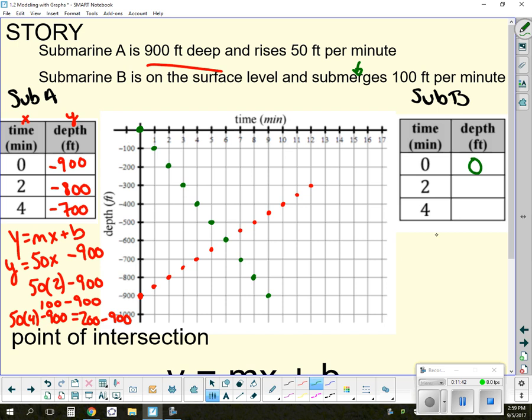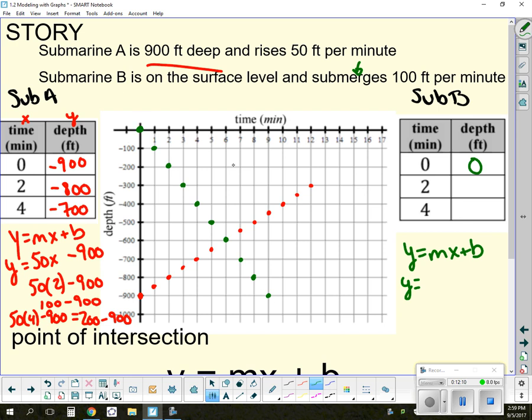Okay, sub B, if we're working in y equals mx plus b, we want to find two things. We want to find our initial starting point, which is our y-intercept, and we need to find our rate of change, which is our slope. Starting position, your y-intercept, where does your green line cross your y-intercept?